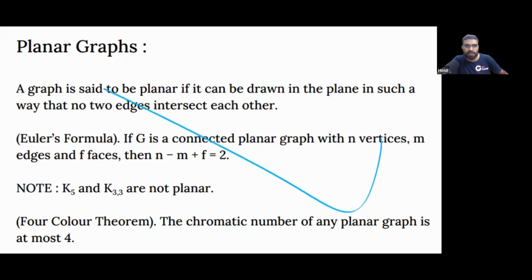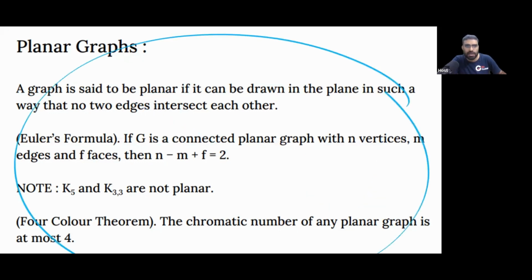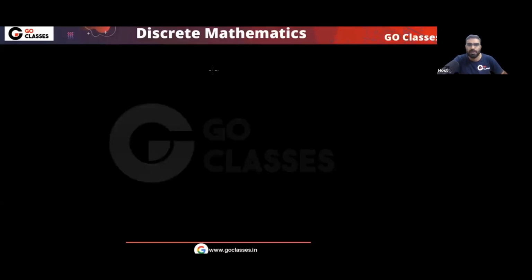This is your planar graph. We have seen everything. Anyone who has any doubt, let me know. Did you understand everything in this planar graph? Every statement, every theorem, every result with proof, we have seen. Did you enjoy it, and did you find this topic very interesting?